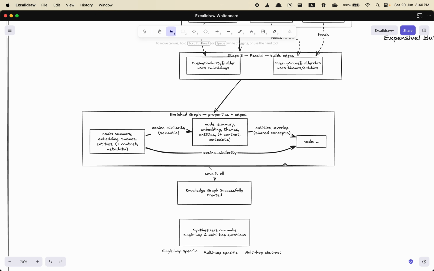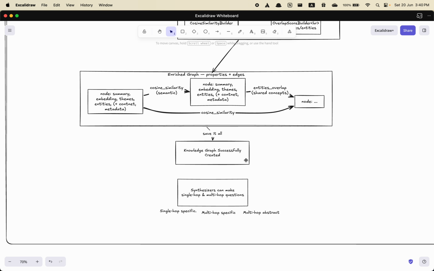Once we have that knowledge graph, the next thing we do is pass our graph into what we call synthesizers, essentially LLMs, and from there we can generate different kinds of questions by referring to different chunks.